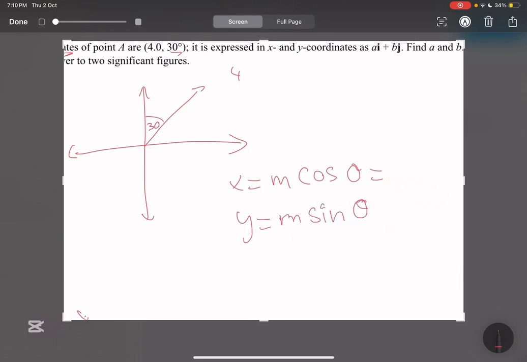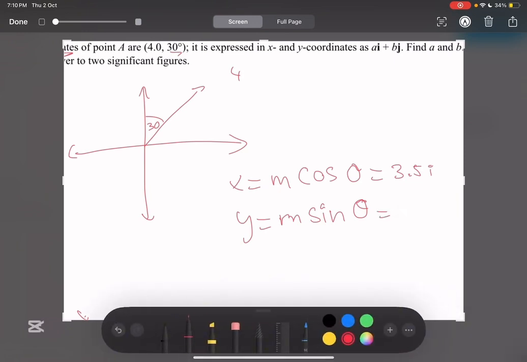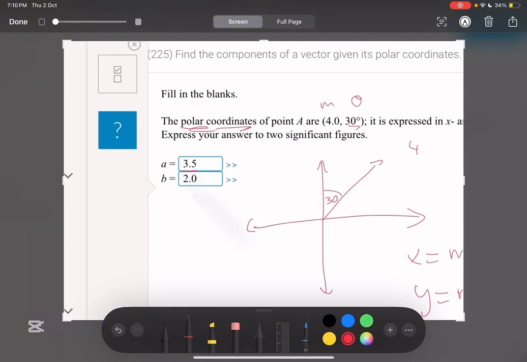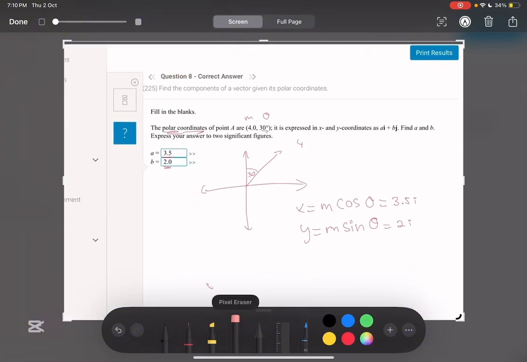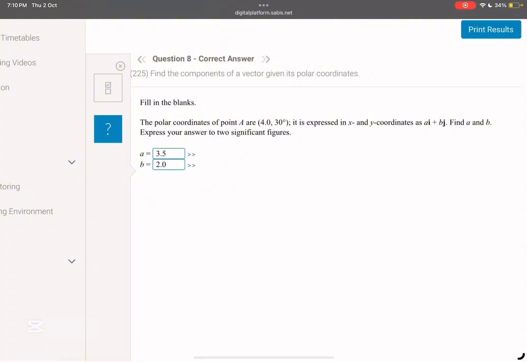So magnitude is 4, cosine 30 is going to be 3.5, and for sine 30 it's going to be 2. So you get 3.5 and 2, and that's just how you find the x and y.